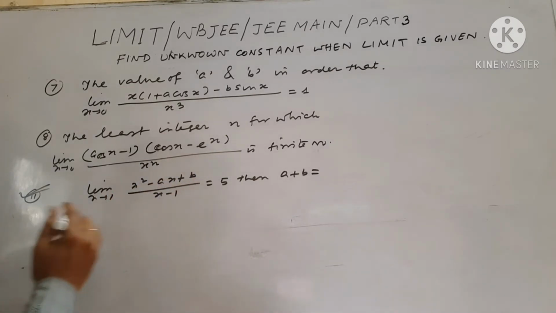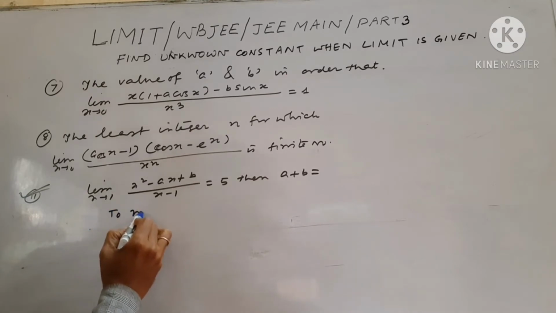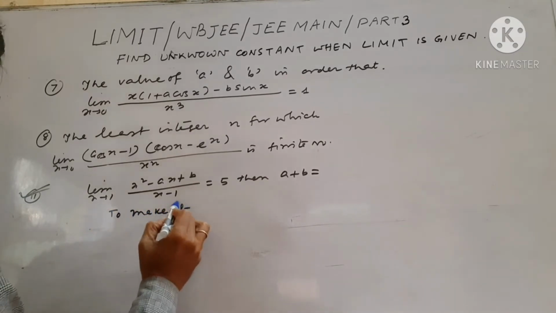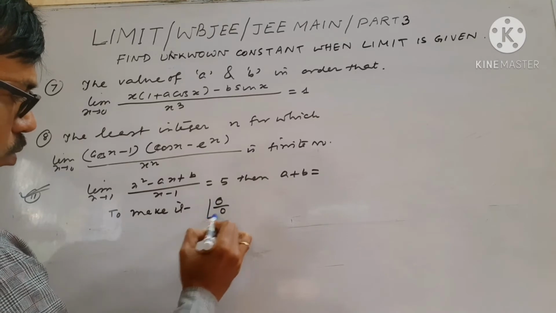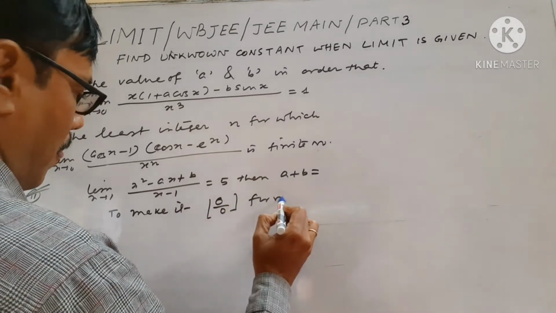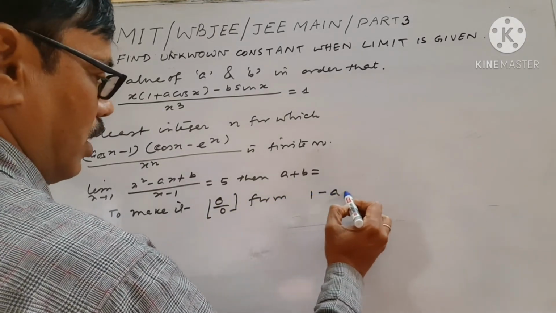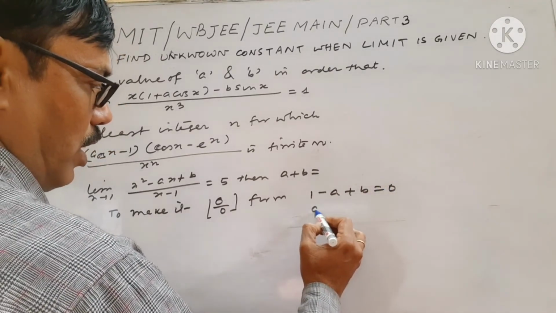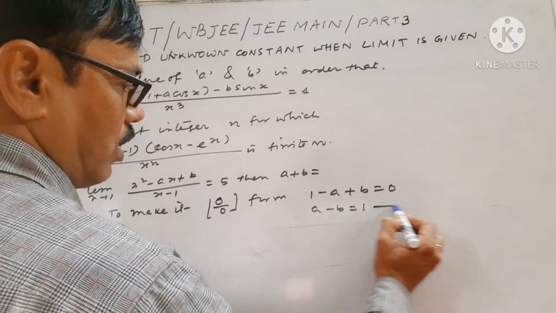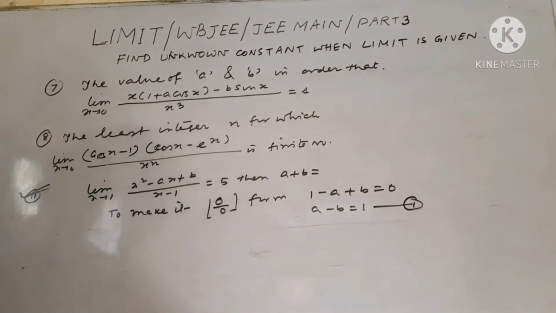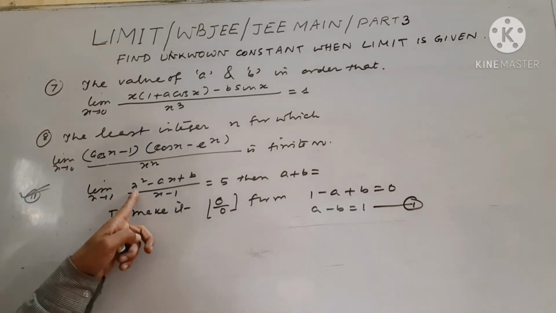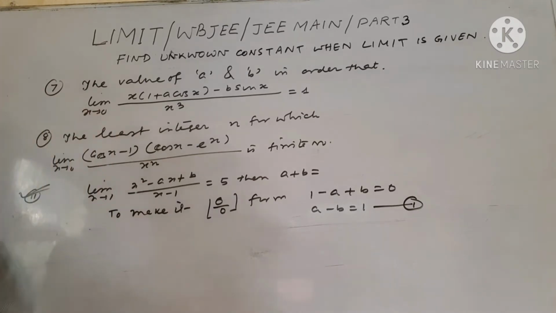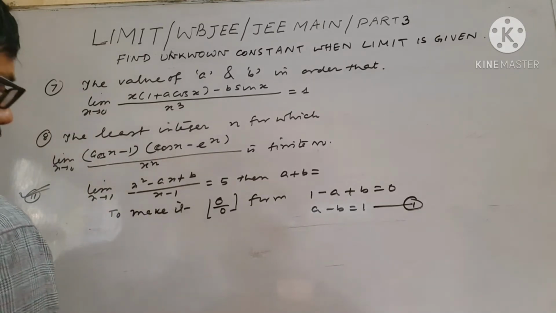To make it 0 by 0 form, 1 minus a plus b equals 0. So a minus b equals 1. We are getting one equation. Put x equals to 1: 1 minus a plus b, so a minus b equals 1.